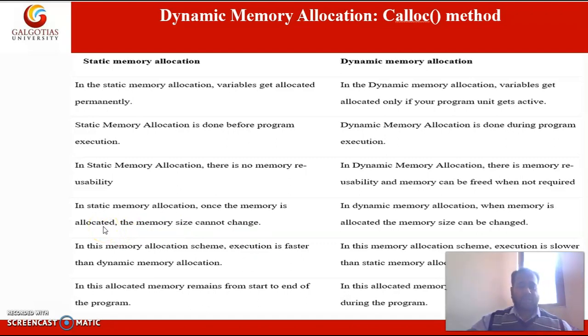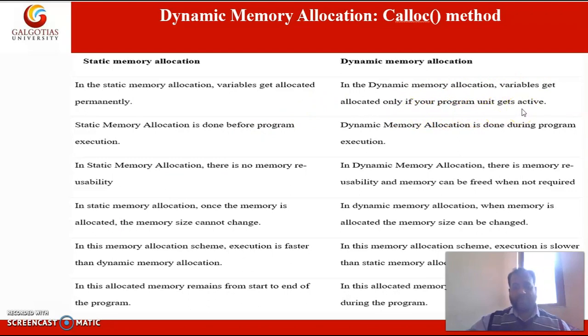The first row in the table says that in static memory allocation, variables get allocated permanently, and in dynamic memory allocation, variables get allocated only if the program unit gets active. What does this mean?